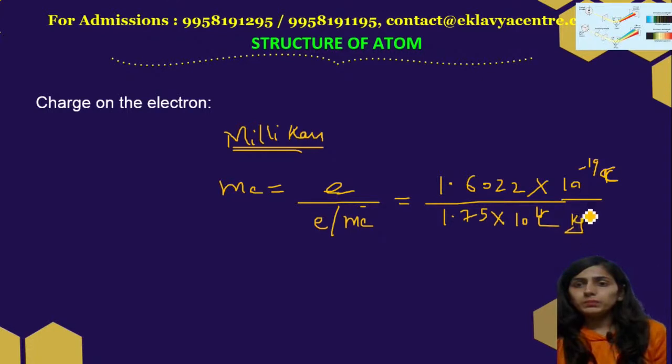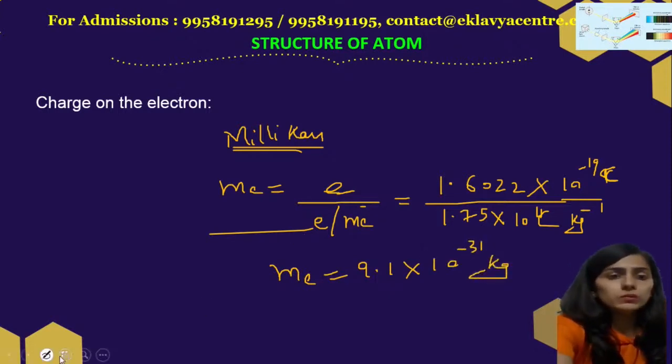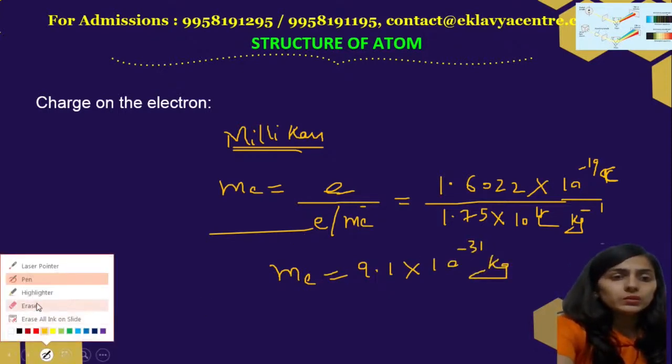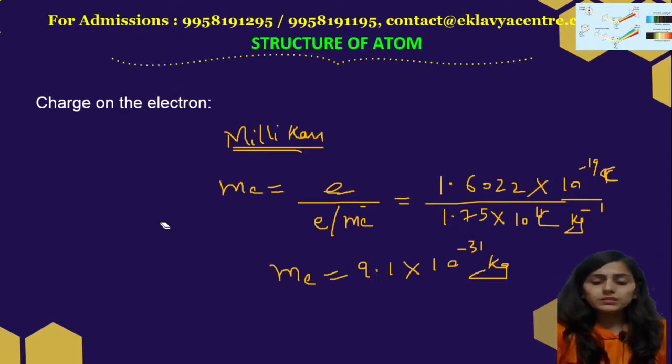So the value of mass of the electron, if you solve, will be 9.1 into 10 to the power minus 31 kg. So please remember these values. We will be using these values in the numericals. Charge on the electron is 1.6022 into 10 to the power minus 19 coulomb, and mass of the electron is 9.1 into 10 to the power minus 31 kilogram. Beta, is it clear to you?